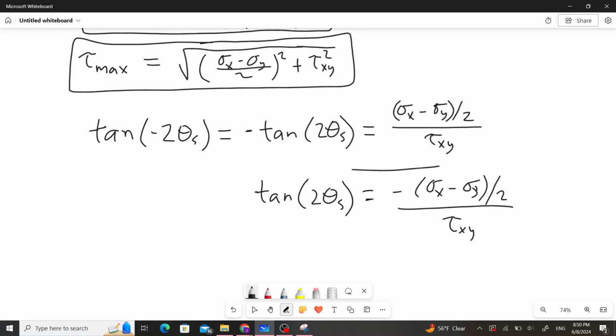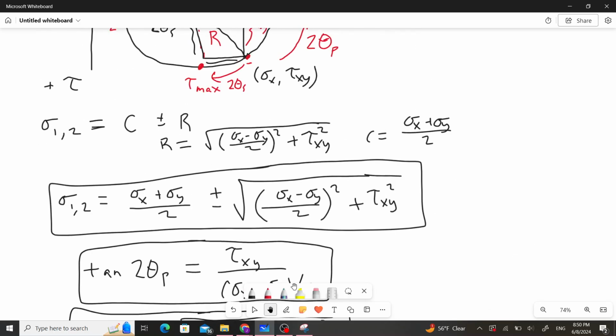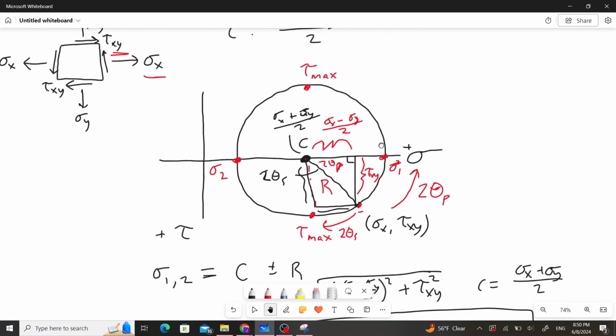Alright, so that right there is exactly the same as the equation that we had used previously. So here we can derive it geometrically. And what's great about this Mohr circle is you can use it for any stress transformation. It doesn't just have to be to find a principal stress or to find a max in-plane shear stress.